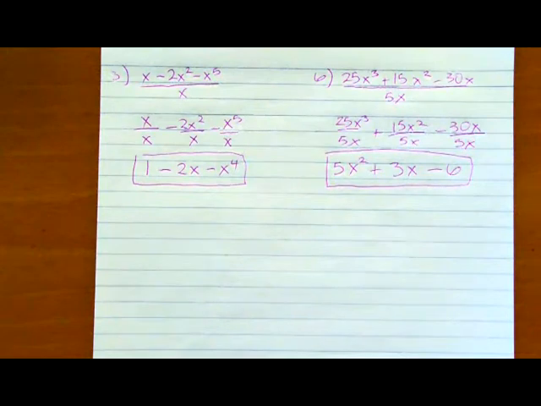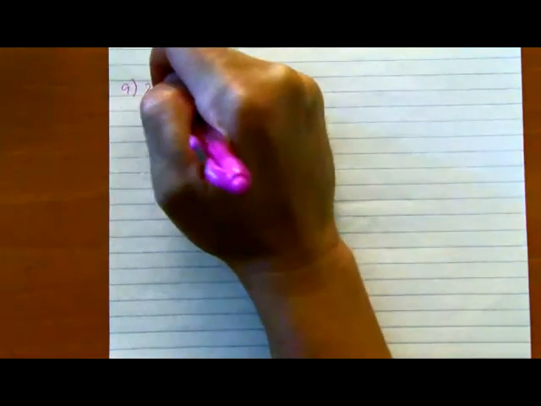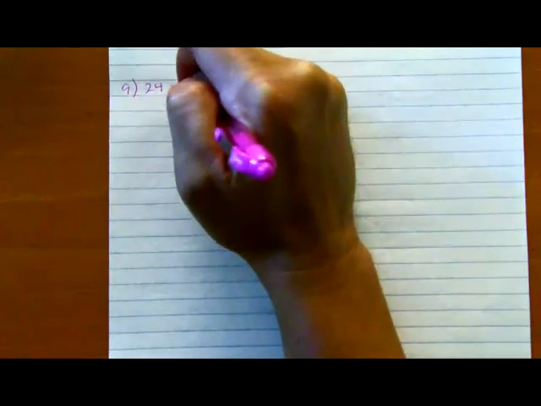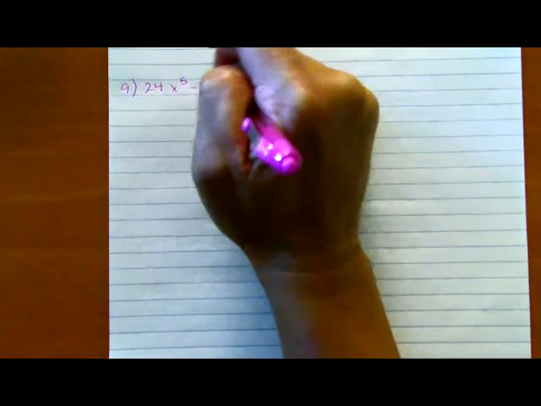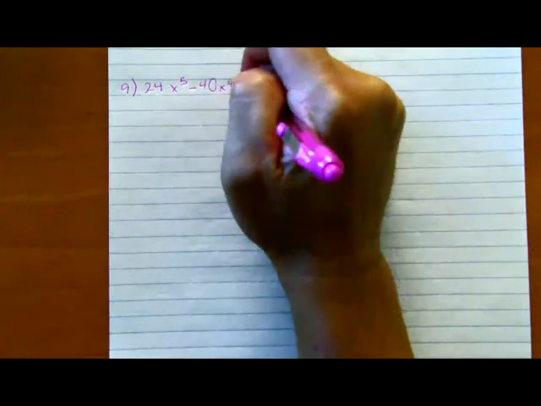Number 9. Nine says 24x to the fifth minus 40x to the fourth plus 6x to the third divided by 4x to the third.